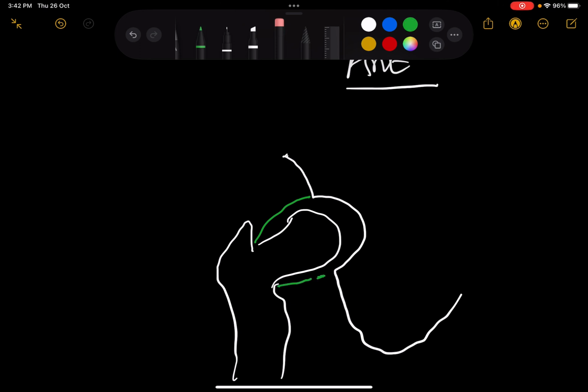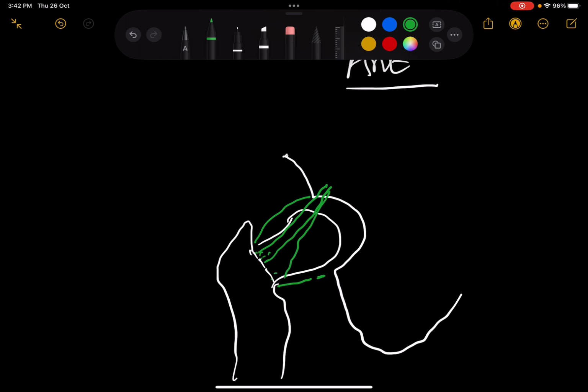So this capsule is strengthened by a ligament attached from the anterior inferior iliac spine to the intertrochanteric line, which is called the Y-shaped ligament of Bigelow.